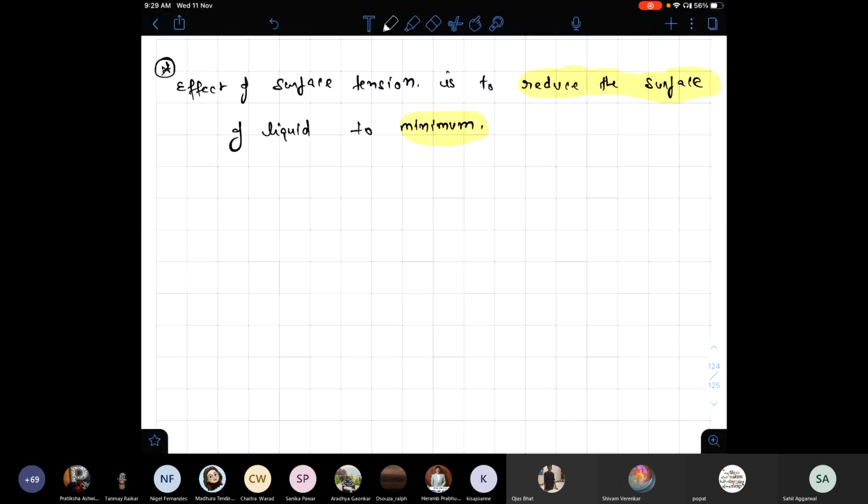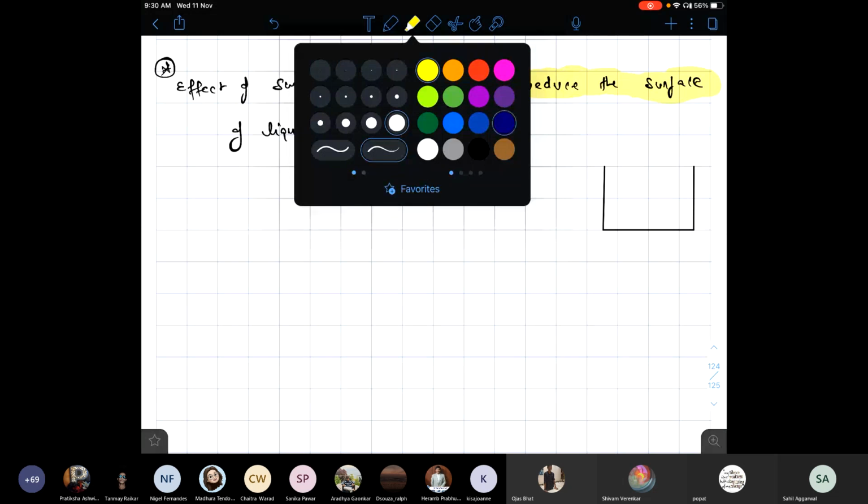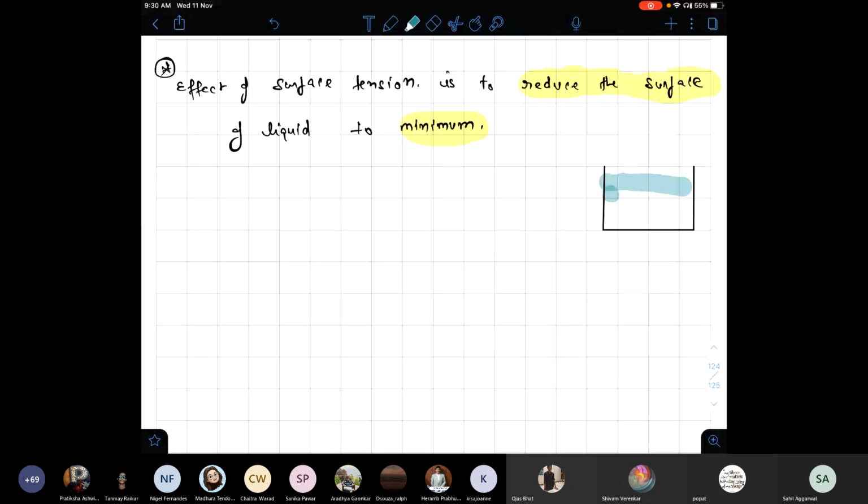Okay. Now, for example, you had some liquid, and on that some surface tension was acting.